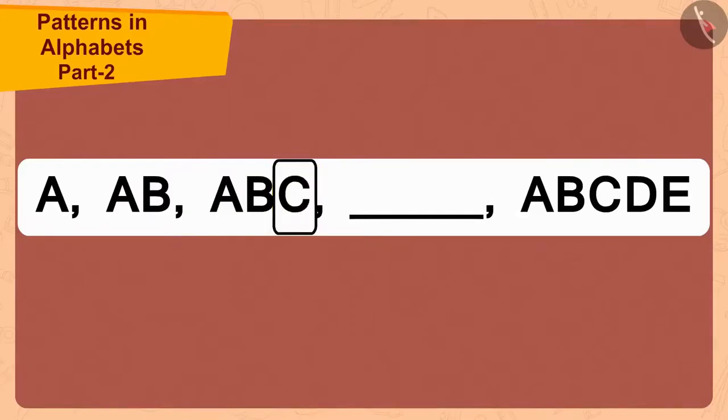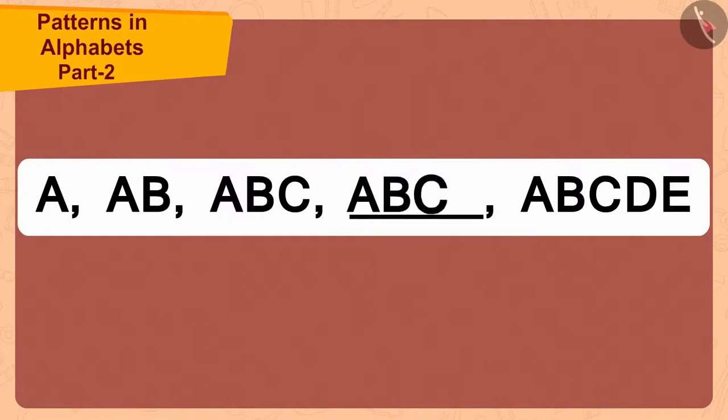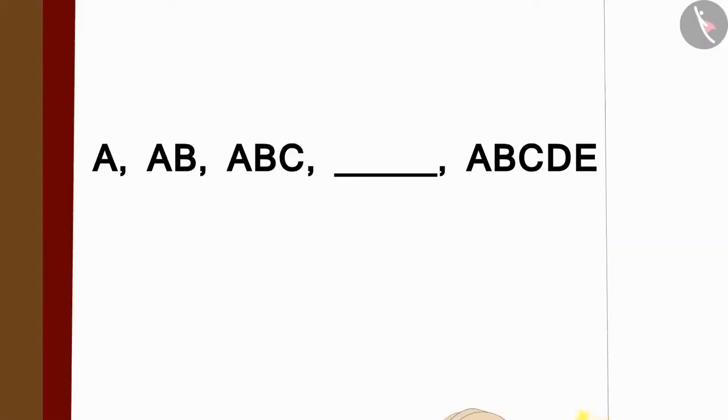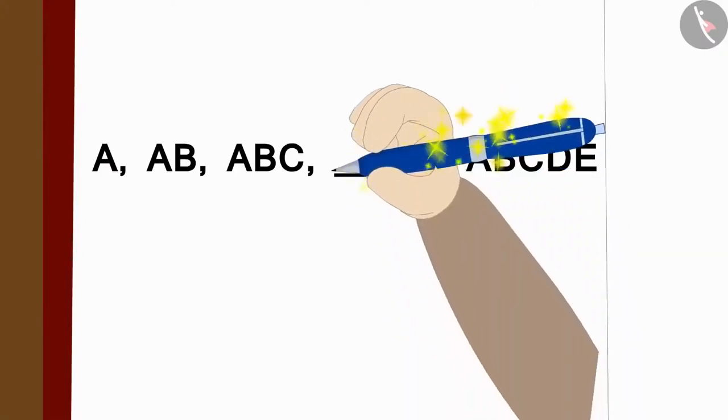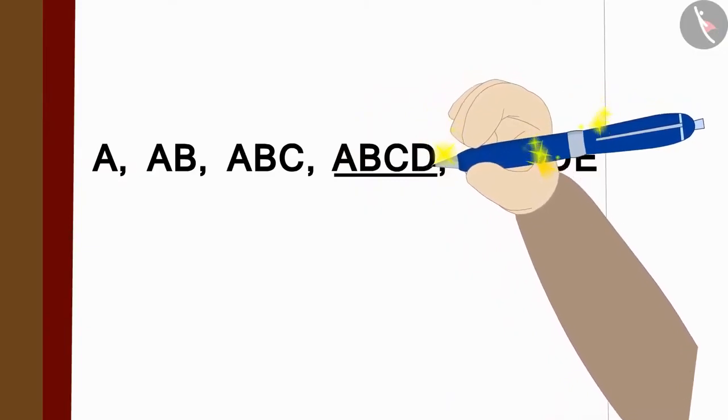So, now what will be the letters that come in the blank space? Repeating A, B, C will add the next letter D to it. In this way, the letters in the blank space will be A, B, C, D. With your help, Bhola also wrote down the letters that came in the blank.